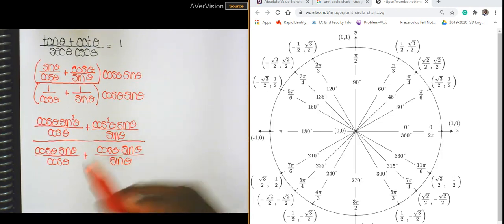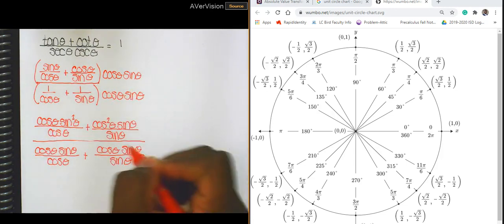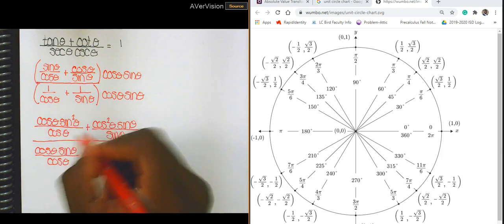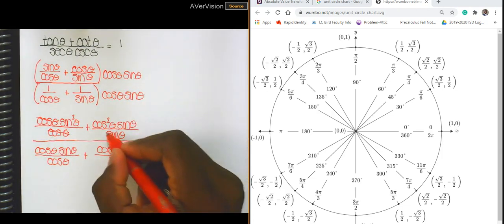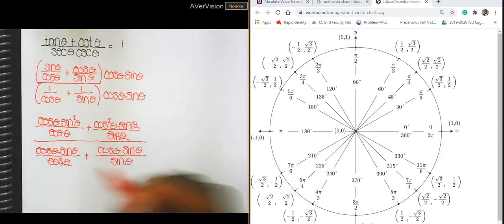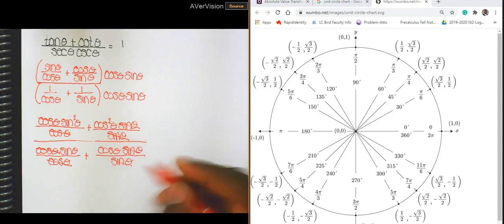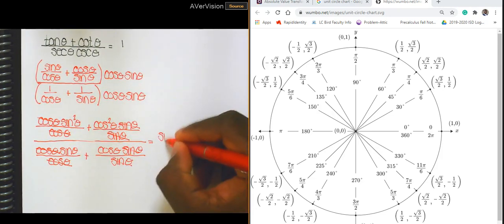All right. So now that we've multiplied everything, we can cancel stuff out. In this fraction, the cosine cancels out. In this fraction, the sine cancels out. Over here, cosine cancels out, sine cancels out. We're left with sine squared.